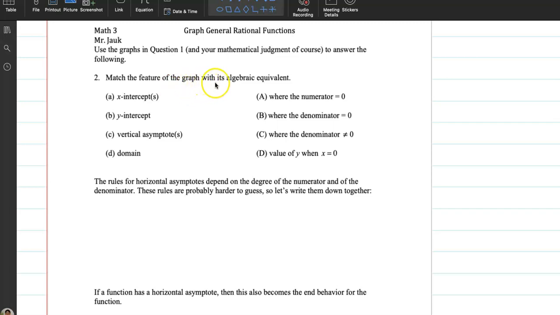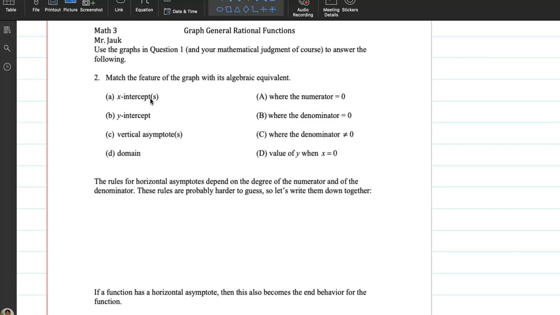Match the feature of the graph with the algebraic equivalent. Use the graph in question 1. You just match them. X-intercept would be y is equal to 0, when the numerator is equal to 0.